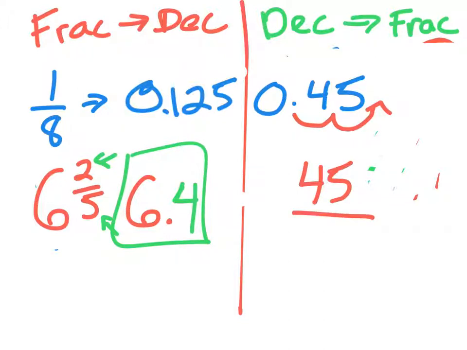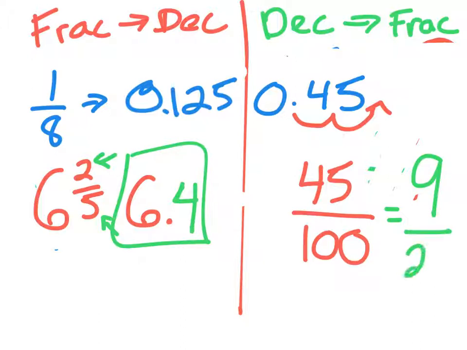The denominator, since I moved the decimal twice, I'm going to see 2 zeros in my denominator now. Remember, each movement is a movement by 10. So 2 movements means 2 zeros in that denominator. And then all we need to do is reduce it. 45 and 100, looking at that, I can see that they're both multiples of 5. So dividing them both by 5, 45 divided by 5 is 9. 100 divided by 5 is 20. So that gives me my reduced fraction.